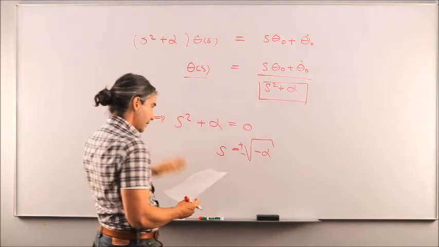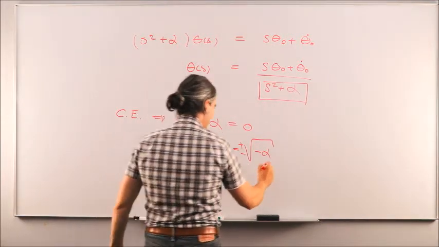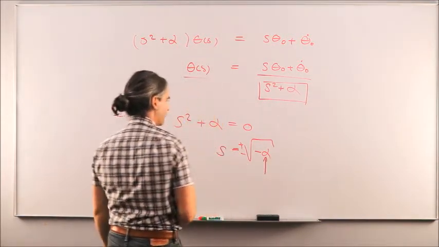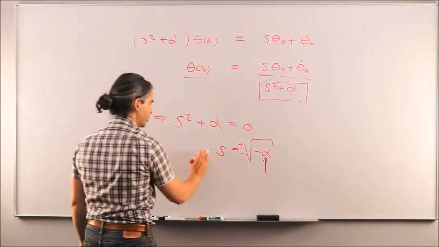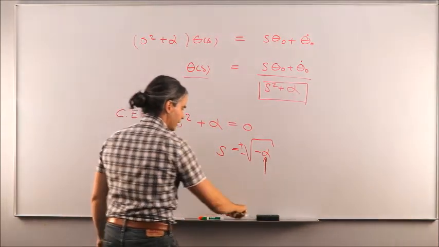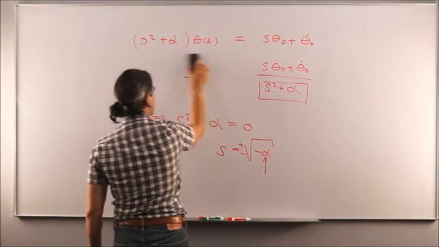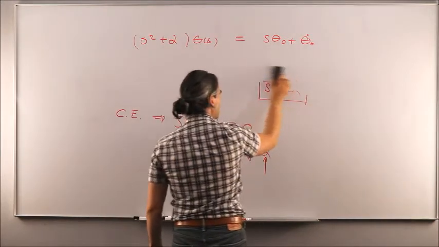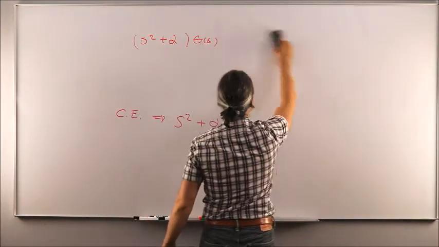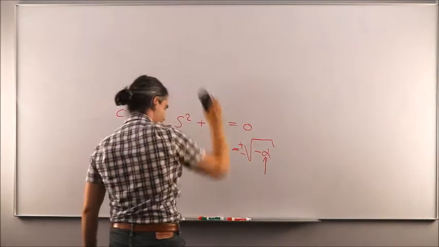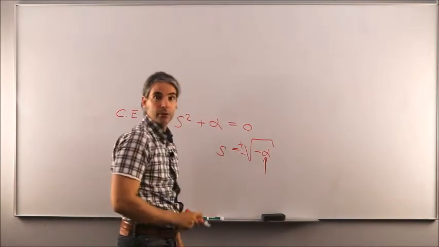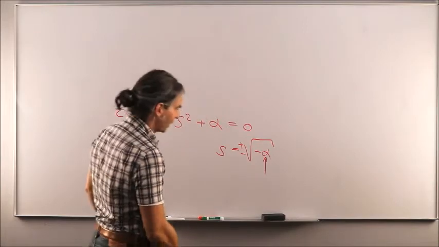Based on the value of alpha, we're going to get different pole locations in the complex plane, or different behavior. Maybe unstable behavior or stable behavior, or if we're lucky, asymptotically stable behavior, which is not going to happen. As a heads up, that'd be cool.